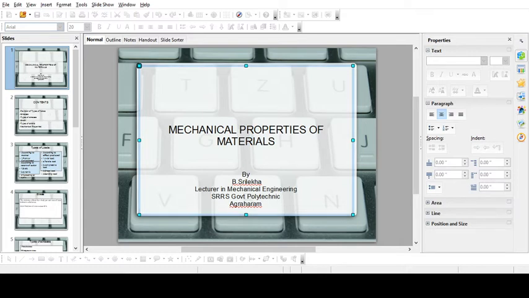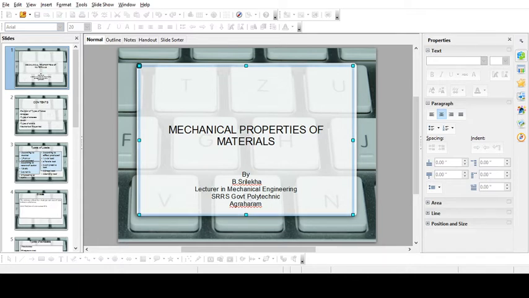In today's course of time, we are going to discuss something regarding the mechanical properties of the material. Mechanical properties of the material simply define the behavior of the materials when they are subjected to certain mechanical load. If you are applying a mechanical load on a particular material, the different behaviors of that material can be defined by these mechanical properties.